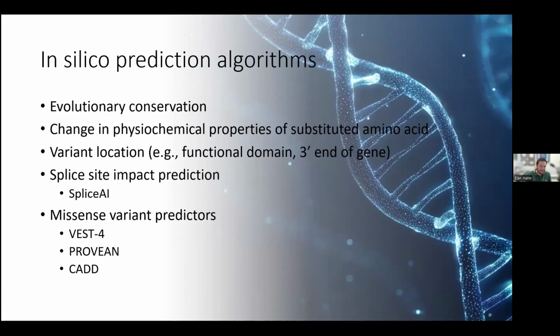And that's what's recommended by the oncogenicity guidelines in general and the AMP-ASCO-CAP guidelines as well. Multiple algorithms should not be treated as independent supporting evidence, rather as one group of in silico prediction. And there are different tools, SpliceAI for splice site prediction, and VEST4, REVEL, or CADD for missense variant prediction.